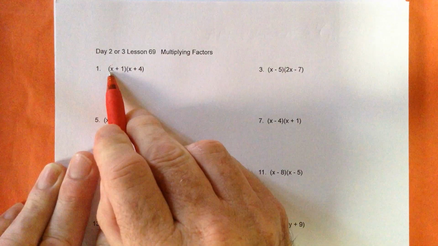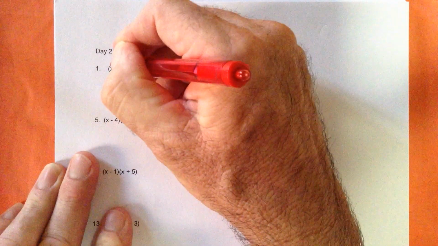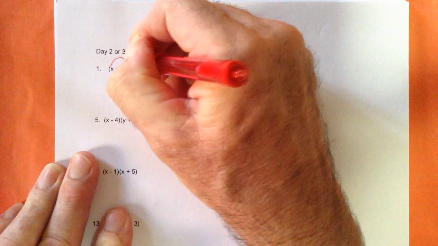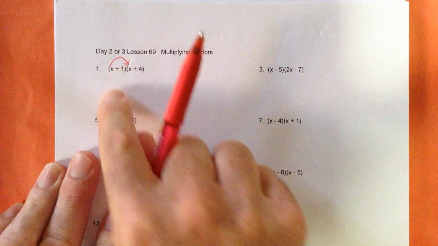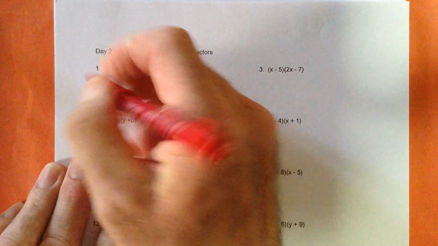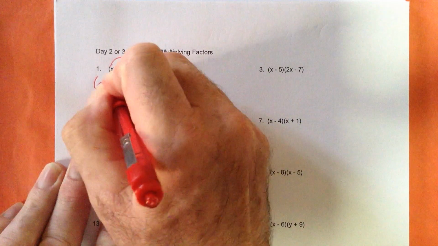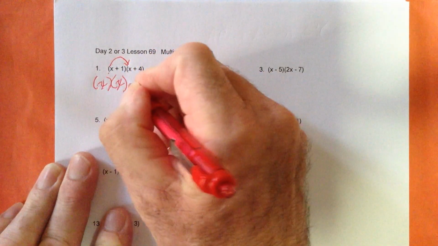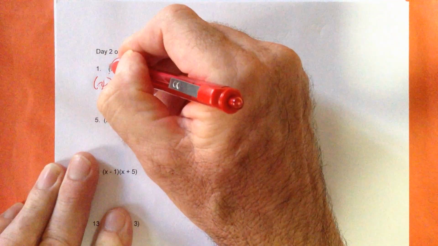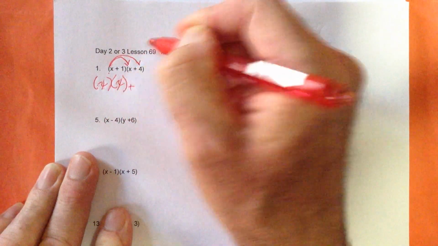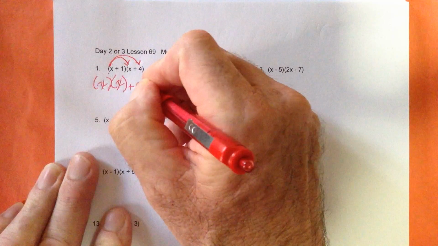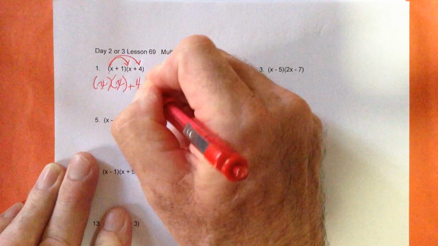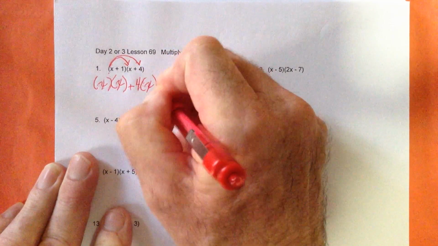Just like here, I want to go x times x, like that 1 plus 1 wasn't even there. So the long way I would go x times x, and then plus x times the positive 4. So I go x, or I can go 4 times x.